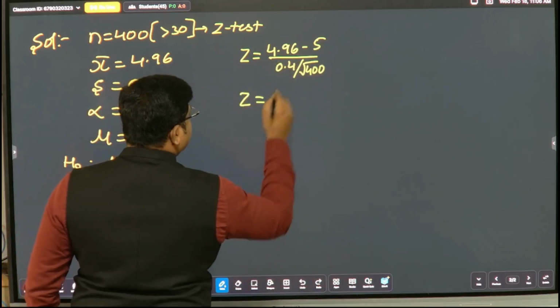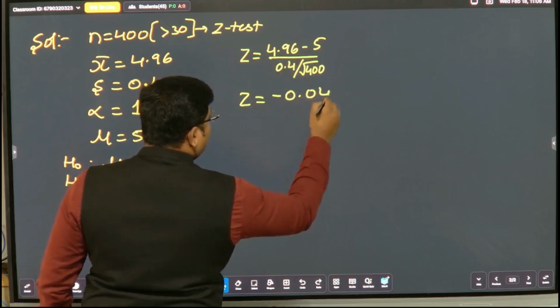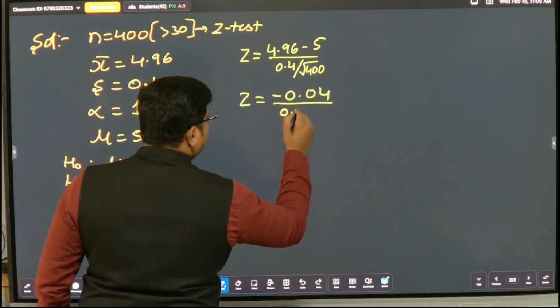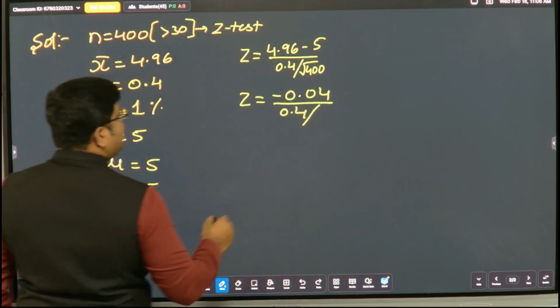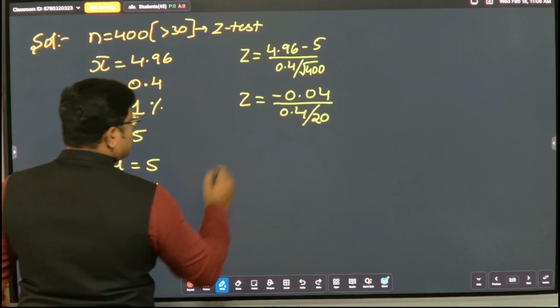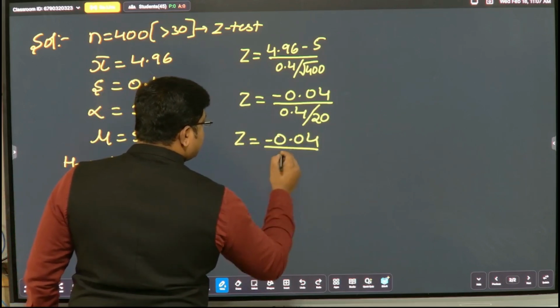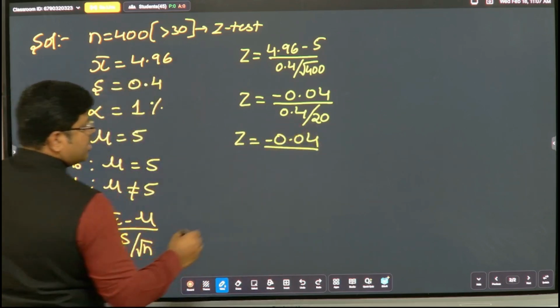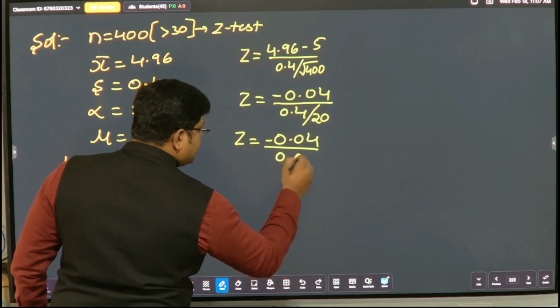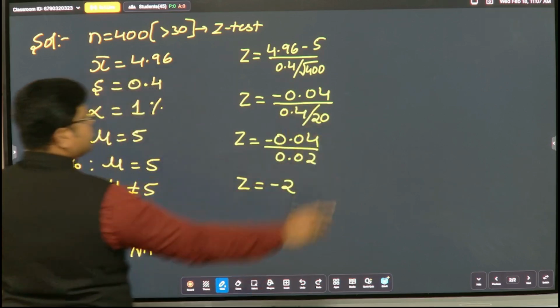Z is equal to minus 0.04 divided by 0.4 over square root of 400, which is 20. So Z is equal to minus 0.04 divided by these two, 0.02. So Z is equal to minus 2.